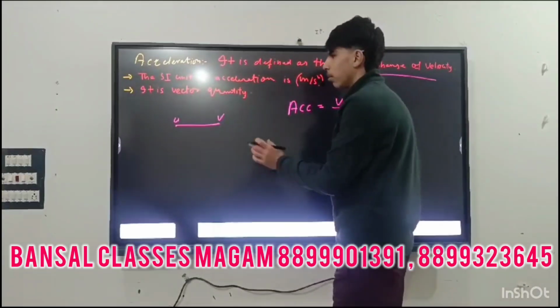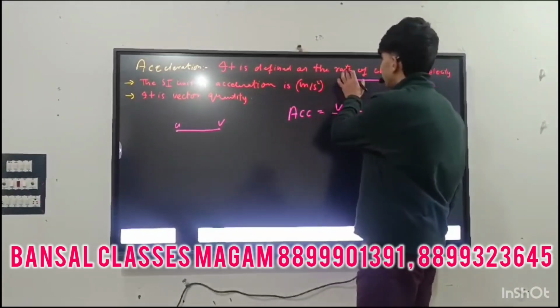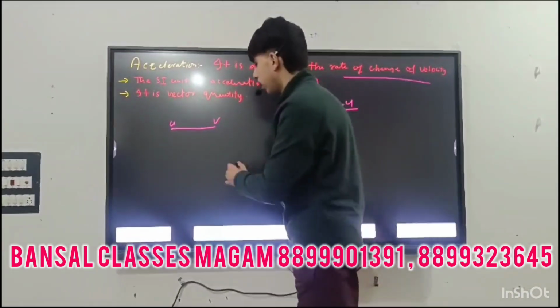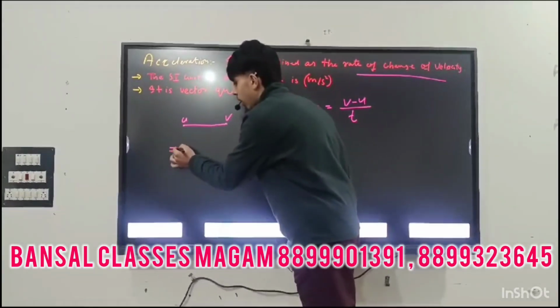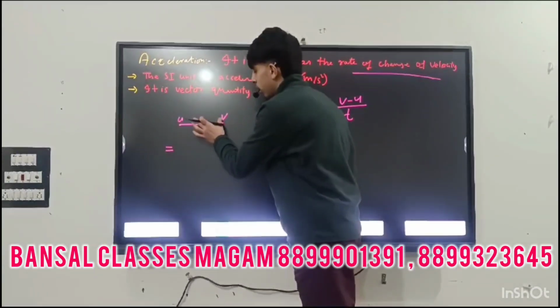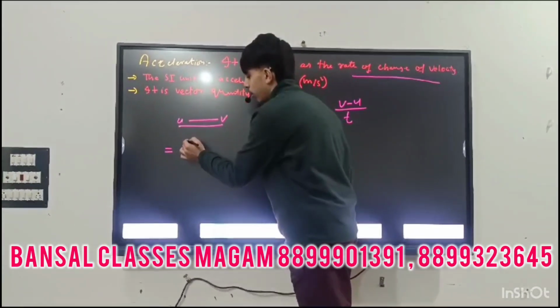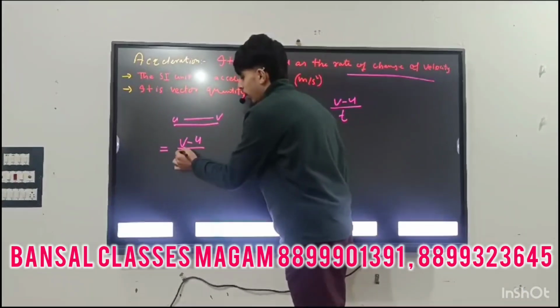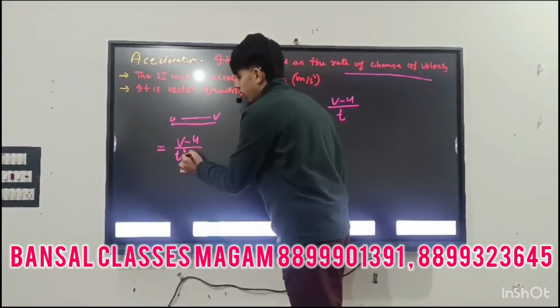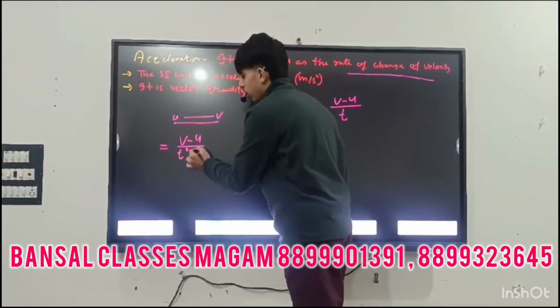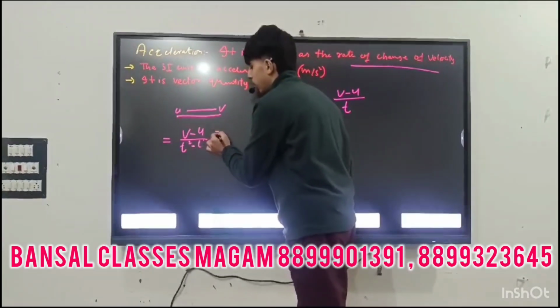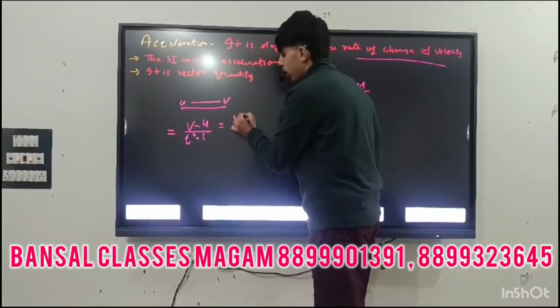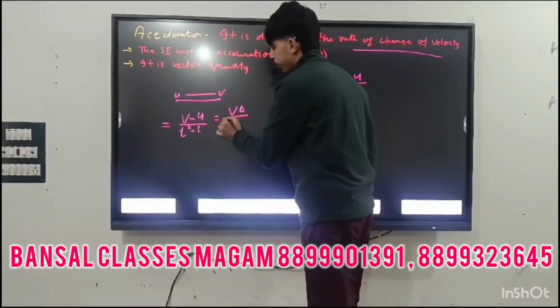So divided by time, because we know that it is the rate of change of velocity. Now how can we find it? We will subtract: V minus U by T2 minus T1.